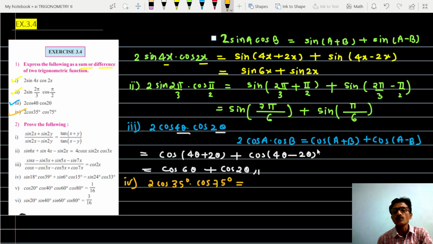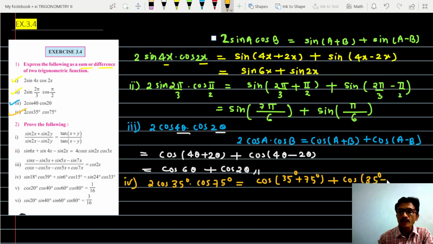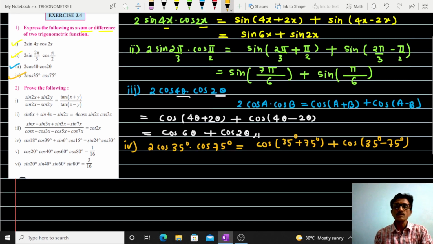Same formula: 2 cos A cos B is cos of A plus B plus cos of A minus B, that is cos of 35 degree plus 75 degree, plus cos of 35 degree minus 75 degree.